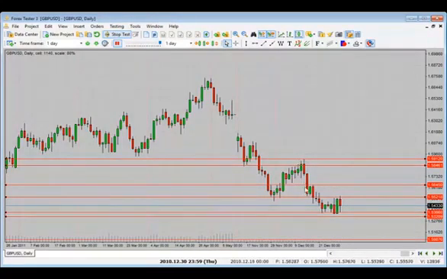Right now we have a drop, then sideways consolidation. In terms of the flag here, we could drop further, or if we get a reversal, we could go all the way up, but we don't know which direction the price wants to go at this point. So we just have to wait and see. I would just go look for something else, and then depending on where the price closes, go in that direction.